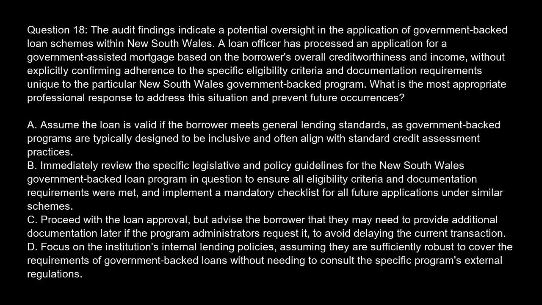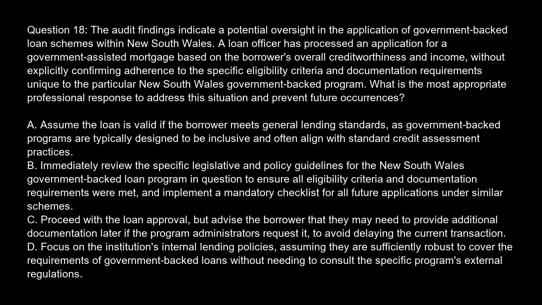Option A. Assume the loan is valid if the borrower meets general lending standards, as government-backed programs are typically designed to be inclusive and often align with standard credit assessment practices. Option B. Immediately review the specific legislative and policy guidelines for the New South Wales government-backed loan program in question to ensure all eligibility criteria and documentation requirements were met, and implement a mandatory checklist for all future applications under similar schemes.